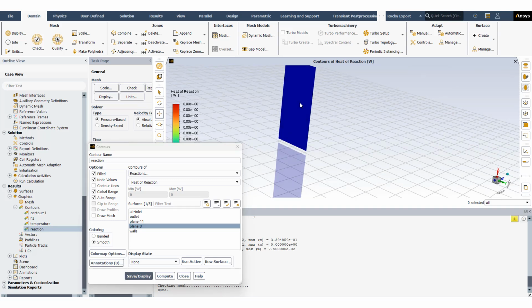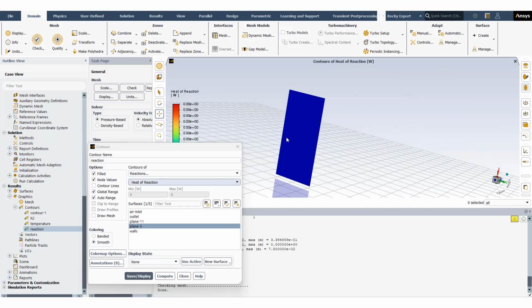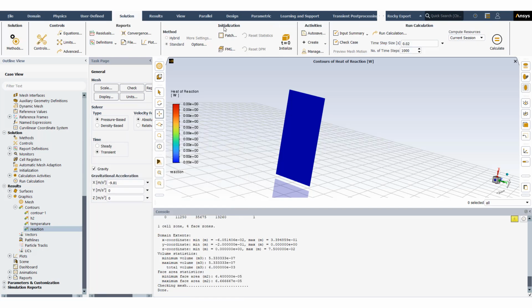For now, because we're at time 0, we do not have any reaction happening yet, because the reaction will depend on the presence of the particles. The time step I chose was 0.02, and Rocky will report every 2 time steps, so every 0.04, and I'll show those details.